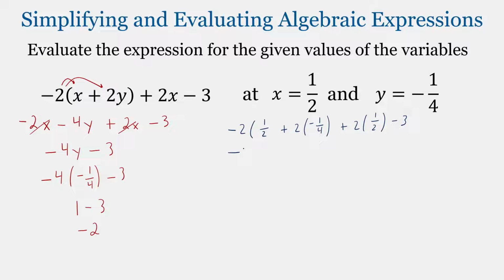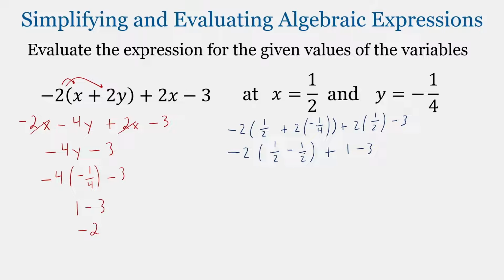So we have -2, and then 1/2, 2 times -1/4, oh, I lost a parentheses here. 2 times -1/4, well, that's going to be -2/4, or -1/2. Plus 2 times 1/2 is 1, minus 3.